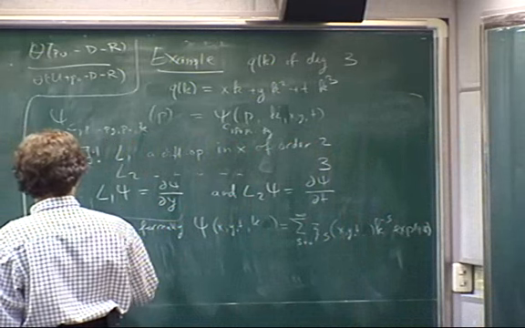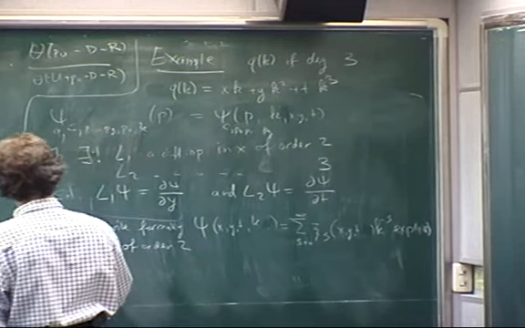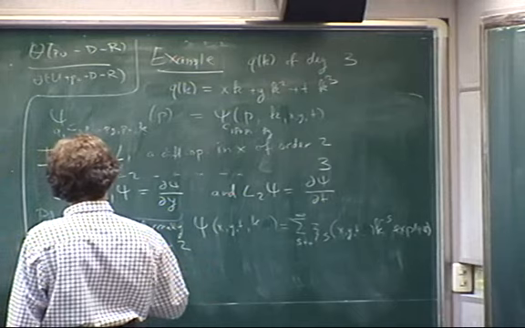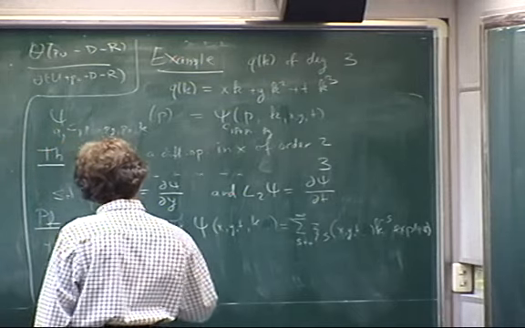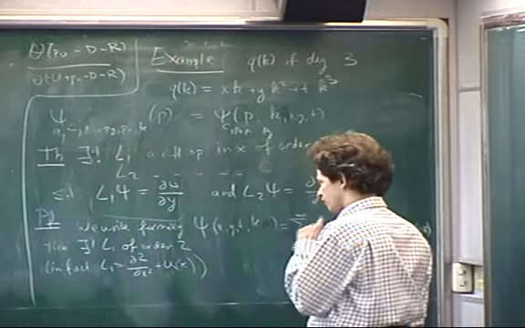I claim that there exists unique L1 of order 2, and in fact, you can compute that L1 is just going to be d squared over dx squared plus some u of x. I'll tell you what u of x is in a second.